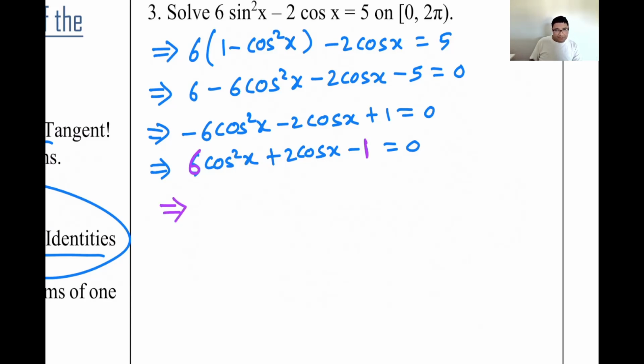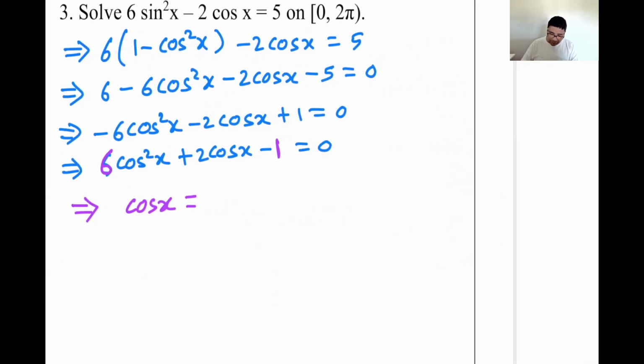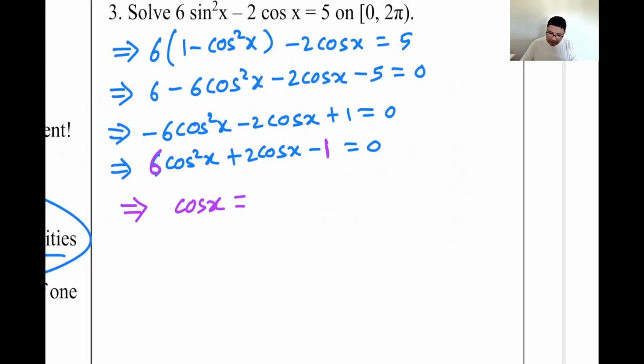Okay. What do we get? Cos x equals, I'm writing it here. Hope you remember the formula. Okay. The formula is, if the equation is in x, minus b plus minus under root b square minus 4ac, divided by 2a.